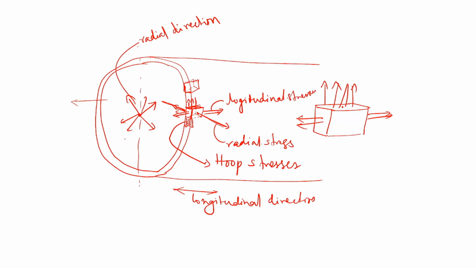Now, if there is pressure P inside the cylinder, that is the input, you can find out hoop stress, longitudinal stress and radial stress. How are they given?